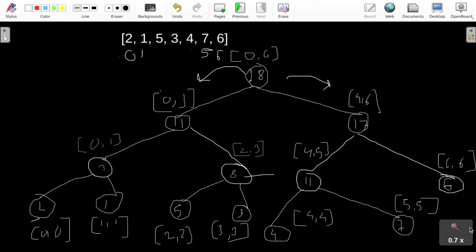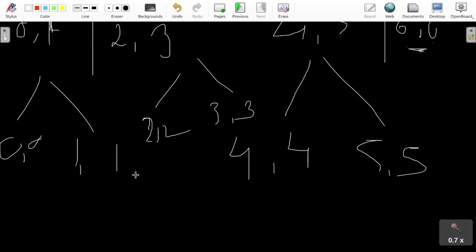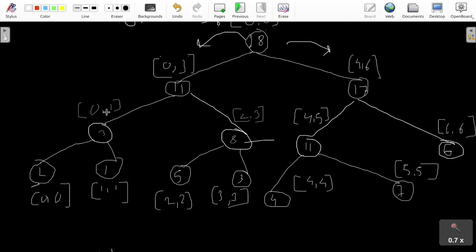Now, once your leaf nodes are filled, you have to fill the values of intermediate nodes. As you can see here, we had range 0 to 1, and from 0 to 1 we divide it from the middle, and it goes like 0 comma 0 and 1 comma 1. Now you have to combine their values.